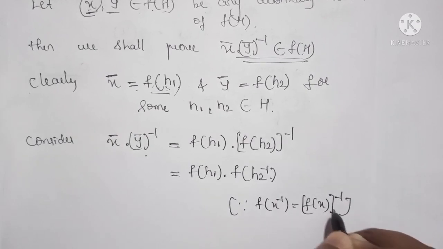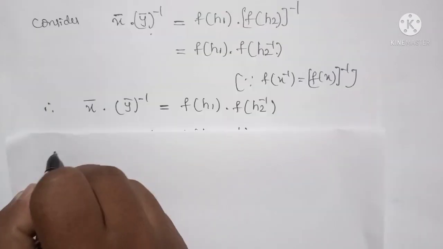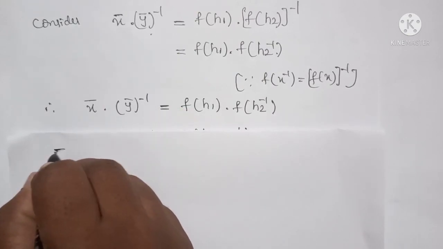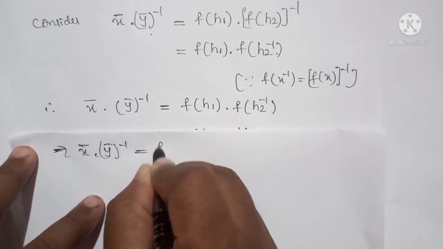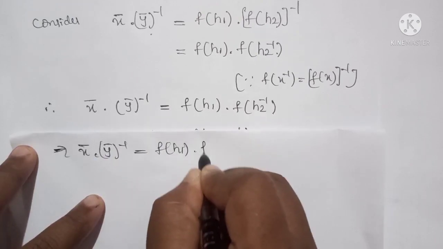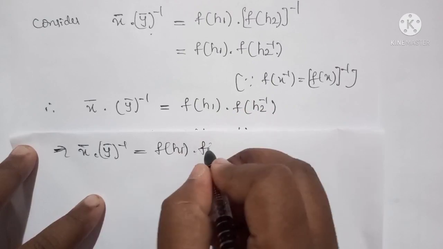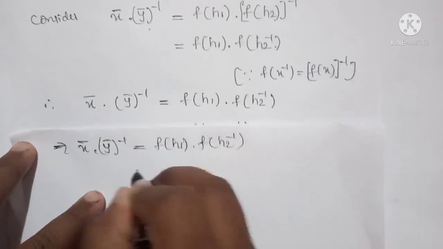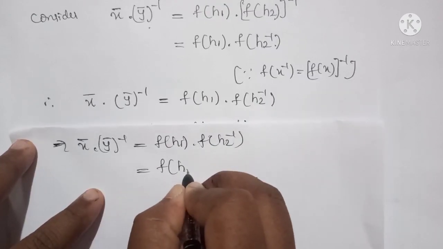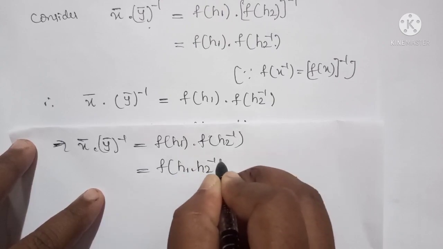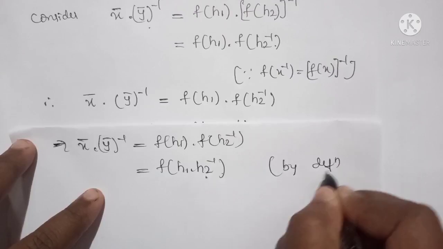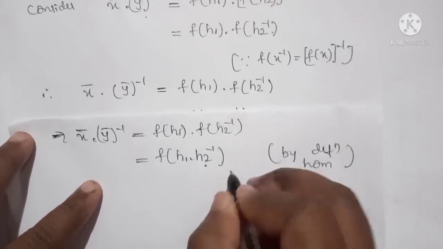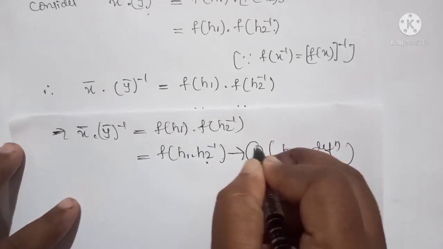This is by the first theorem. Now by the definition of homomorphism, we can write x bar into y bar whole inverse equals f of h1 into f of h2 whole inverse. So this is by definition of homomorphism. We may consider this as equation 1.